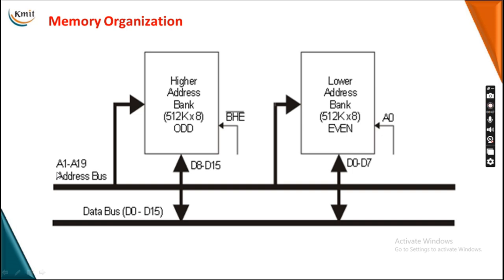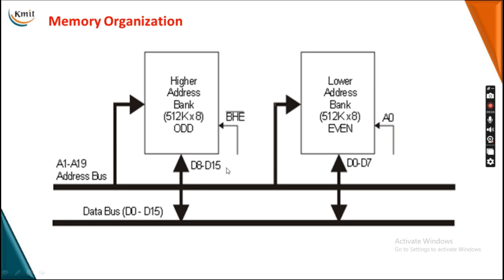and a 16-bit data bus D0 to D15. So if you want to store 8-bit data, you can store it in your lower address bank, or you can call it the even bank, D0 to D7.